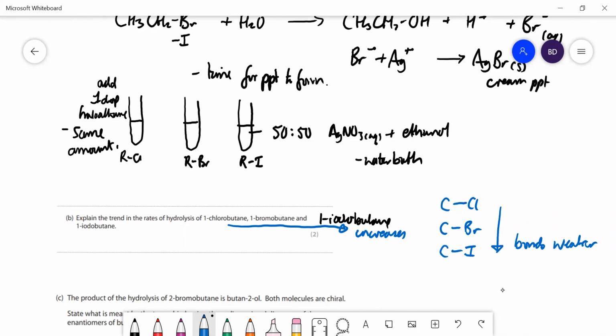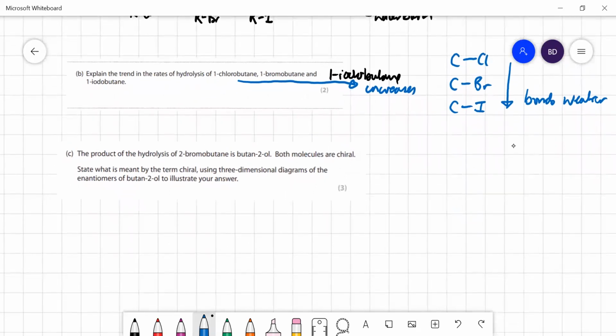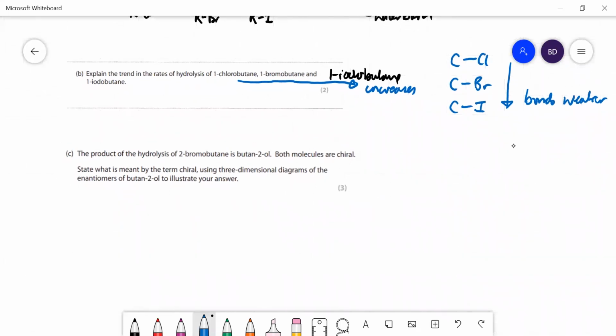Okay, the product now, got chiral molecules. The product of hydrolysis of 2-bromobutane is butanediol. Both molecules are chiral. So what is meant by the term chiral? It means it has got an asymmetric carbon atom. Okay, it's got an asymmetric carbon atom.